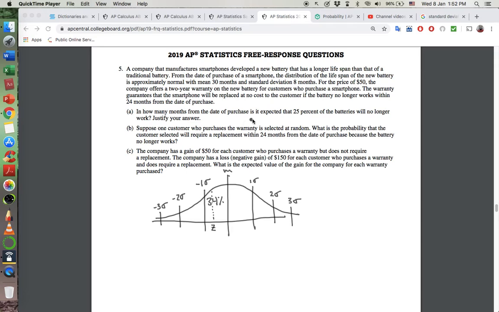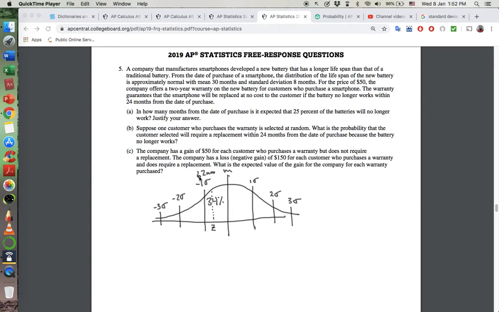And how many months from the date of purchase is it expected that 25% of the batteries will no longer work? All right, so in this case, 50% of the batteries will break within 30 months. Subtracting from that 34%, which is our first standard deviation, we see that 16% of our batteries are going to break within 22 months, which is 30 minus 8.